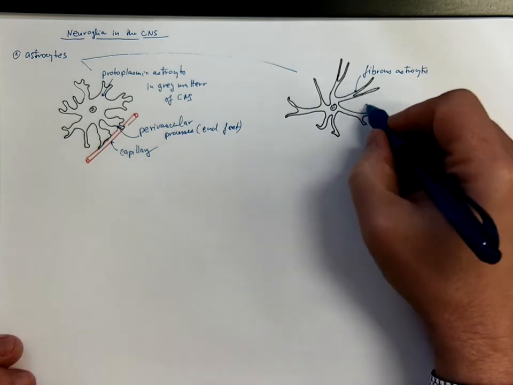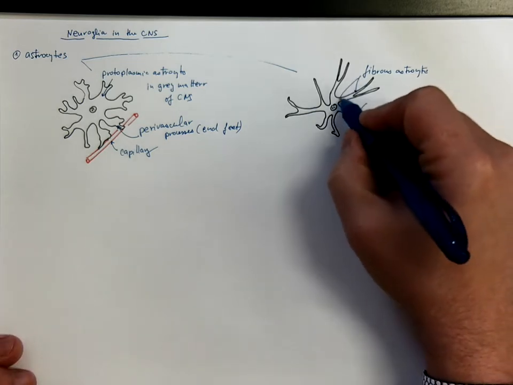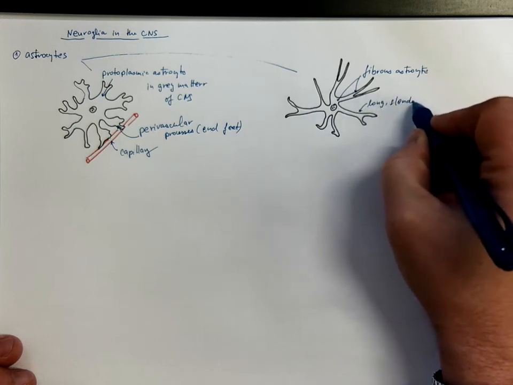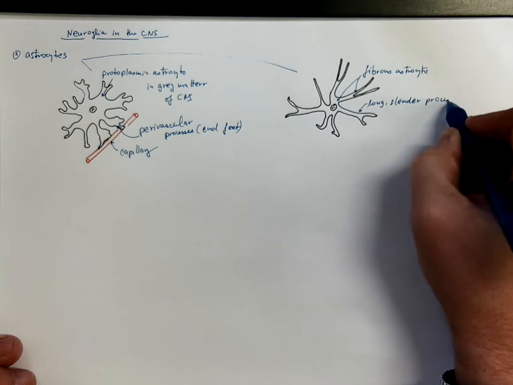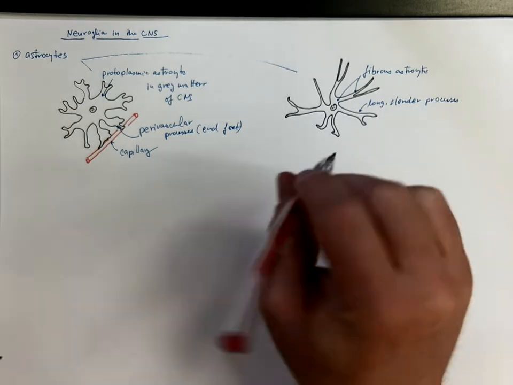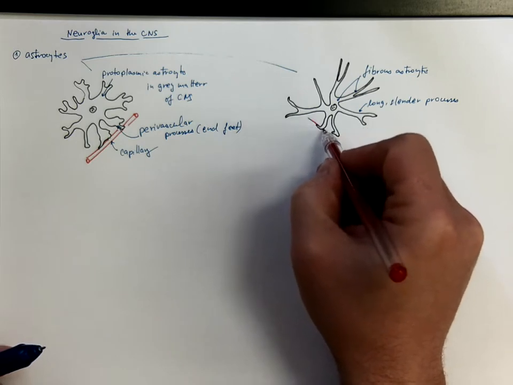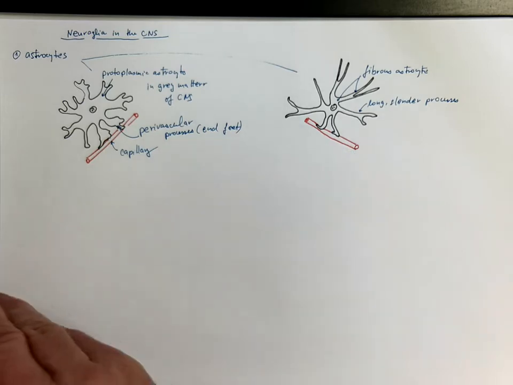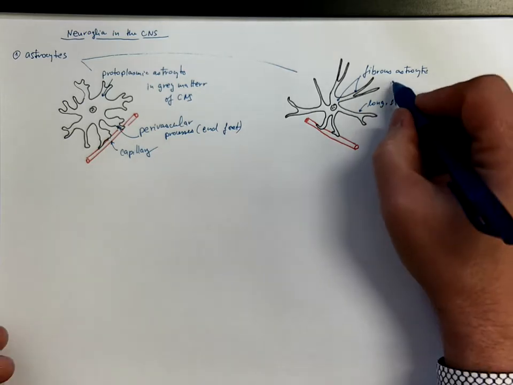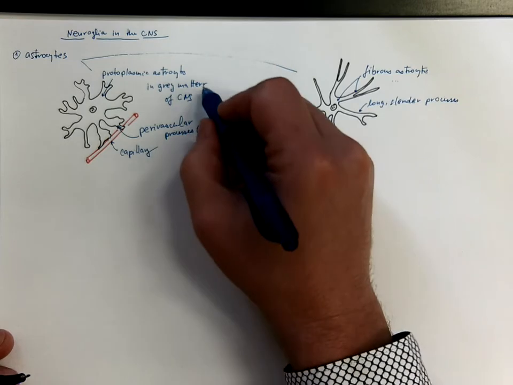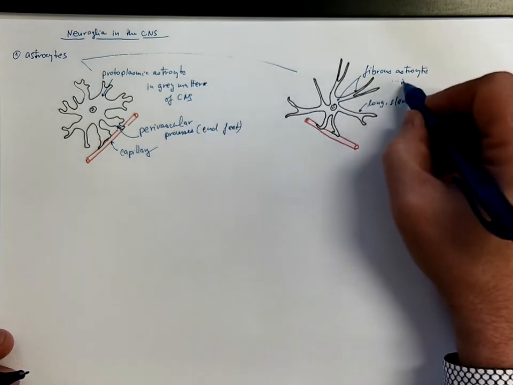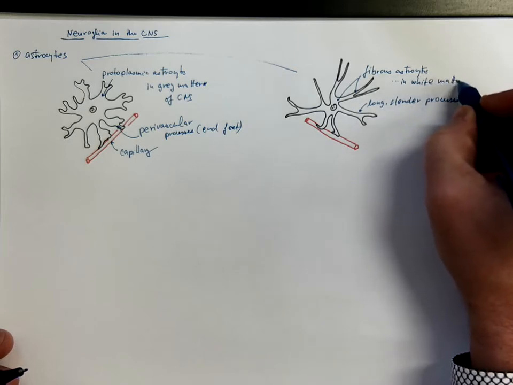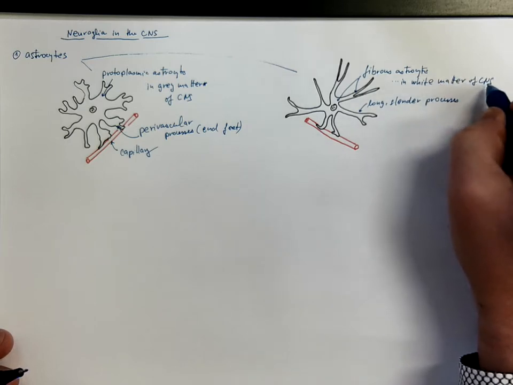The processes are long, slender, and again they are surrounding the capillaries, but this time in the white matter of the central nervous system.